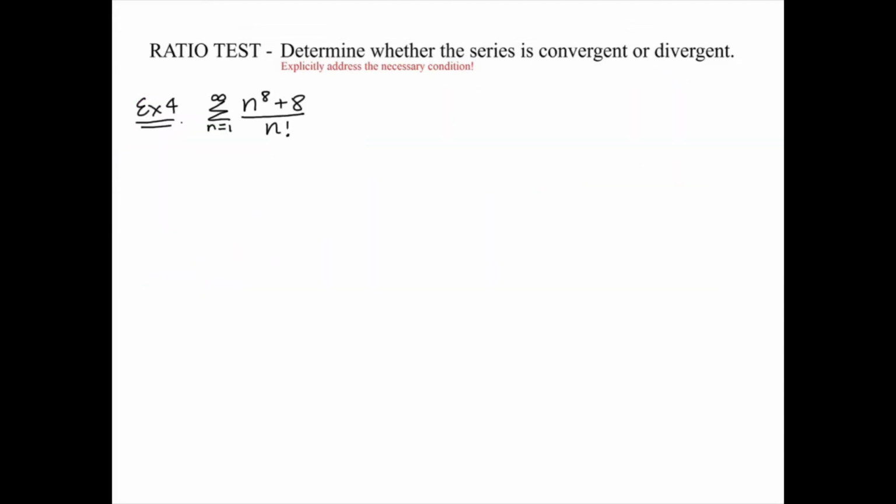All right, we have our fourth example here. The sum from 1 to infinity of n to the 8th plus 8 over n factorial. So this is a positive term series for n greater than or equal to 1.